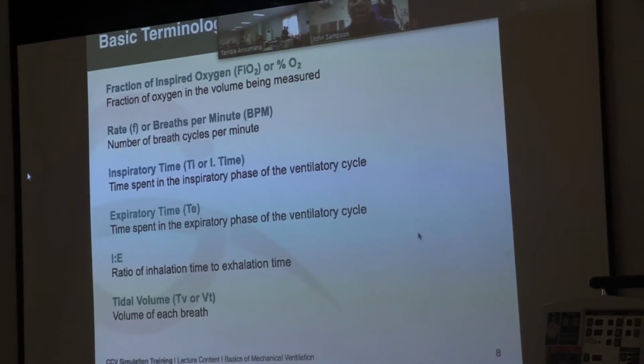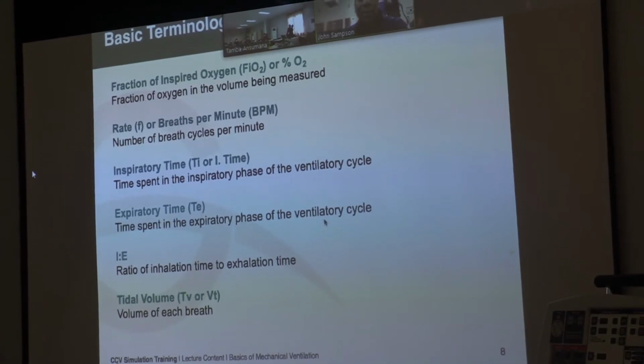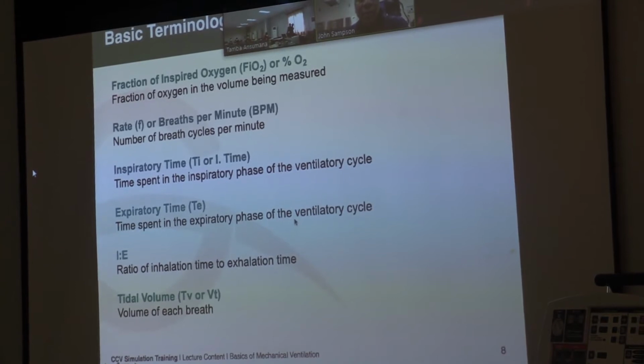And then the tidal volume, which is the volume of each breath. Are there any questions regarding any of these terms? Raise your hand if you have a question. Okay, so we'll go on.